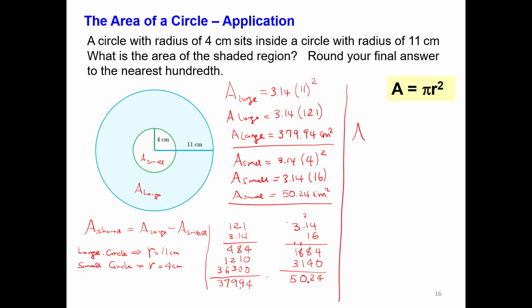The shaded area is the large circle minus the area of the small circle: 379.94 minus 50.24.